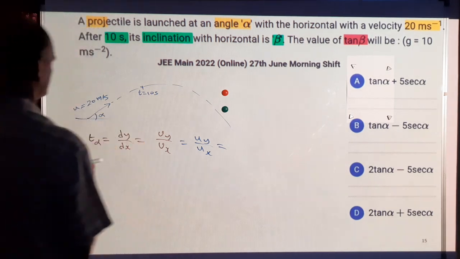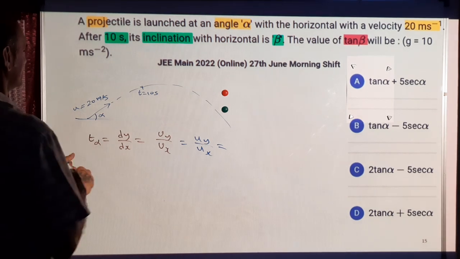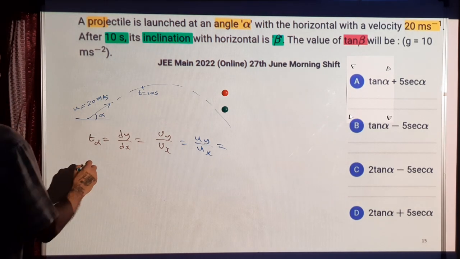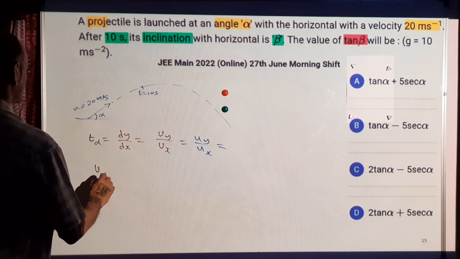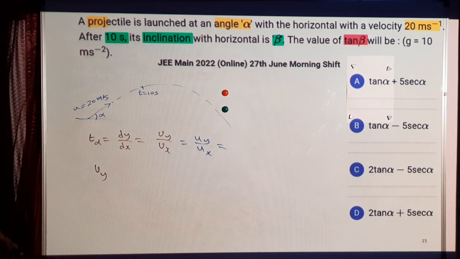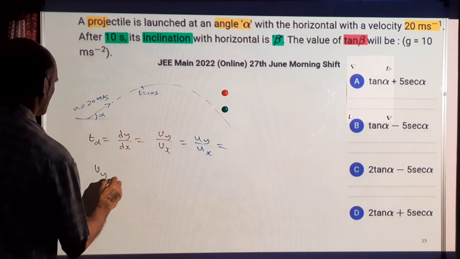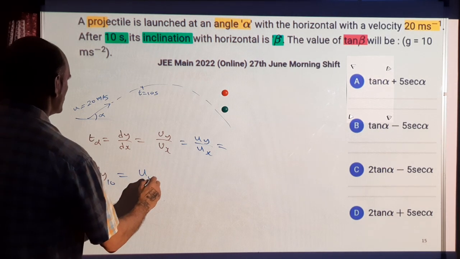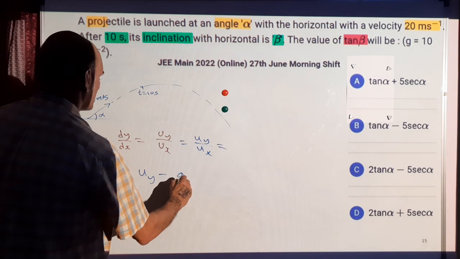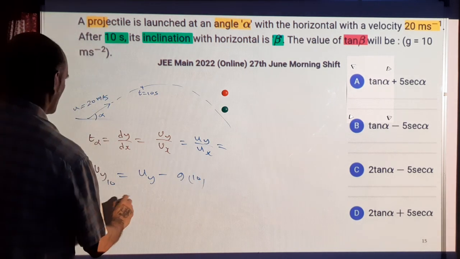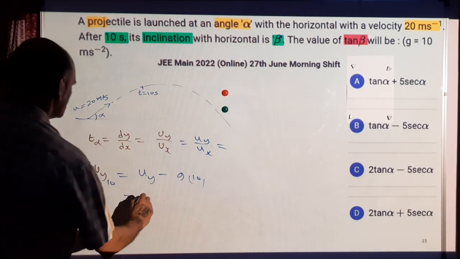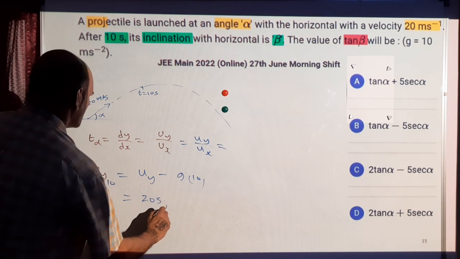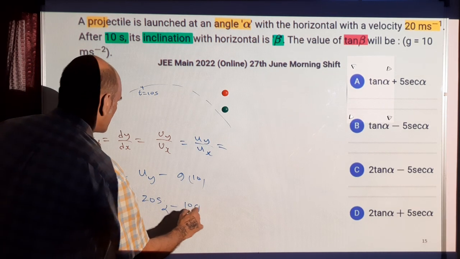Okay, so at 10 seconds, the vertical component of the velocity will be the initial velocity u minus g into 10. Initial y component is 20 sine alpha minus 10g.